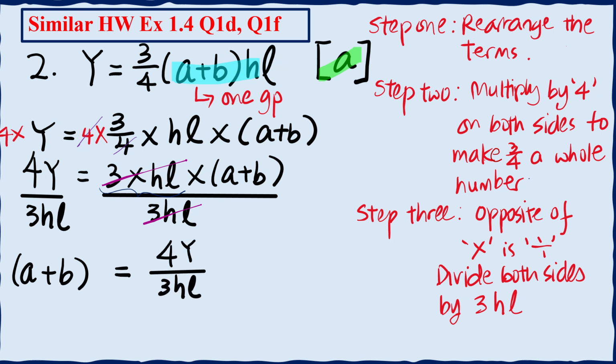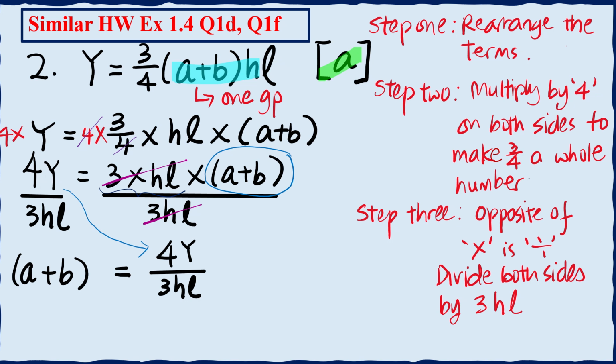Because I'm making A the king, I just have to shift the whole group. That is one group, remember? Inside the bracket is one group. Shift the whole group to the left, and then 4y over 3HL, shift it to the right.